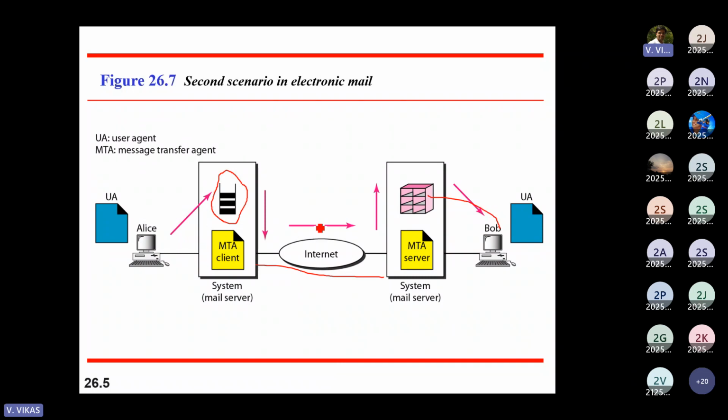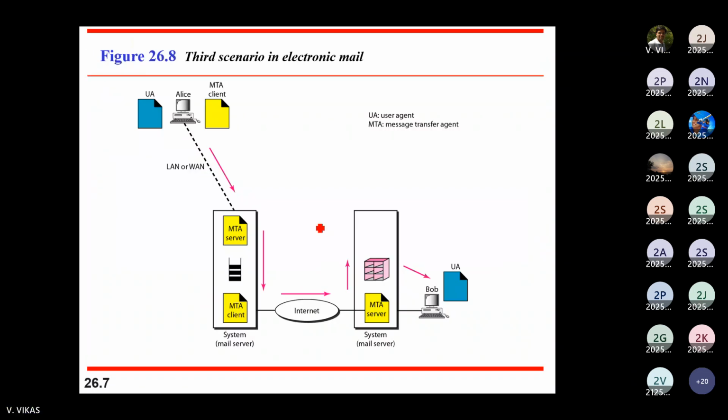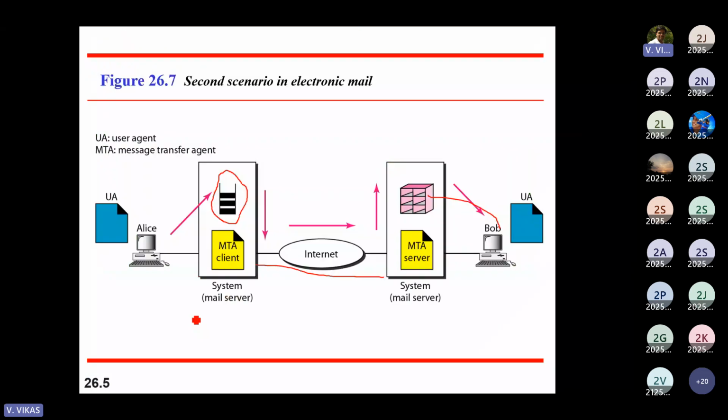The third case is a little bit different. Here you are not connected to the mail server directly. Previously, all these things, mail system or mail server, whatever we are saying, is like having Google servers, right? A Google mail server that is directly connected to your system, or your system itself is the Google server, let us say.